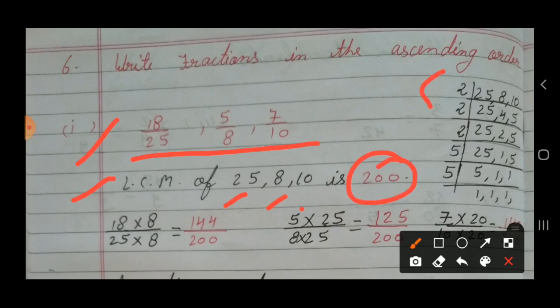Here this is the process to find the LCM by prime factorization. Take the first fraction 18 upon 25. To make 200 in the denominator, we will multiply the numerator and denominator both by 8. Then we are getting 144 upon 200.